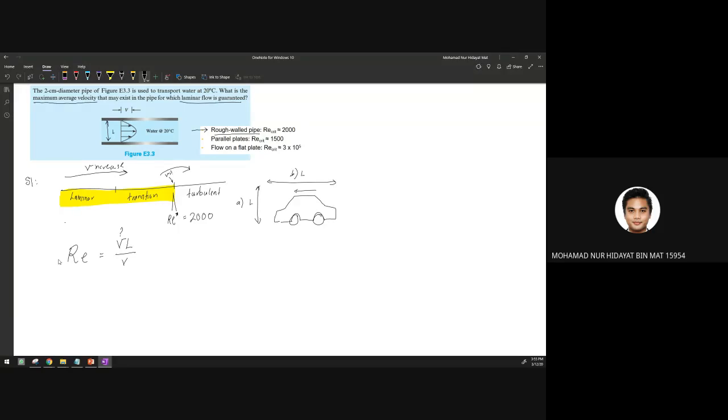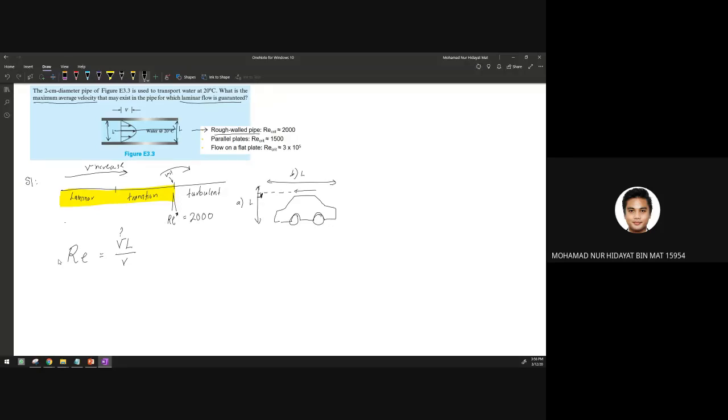So remember that. Yes, you are correct. The characteristic length is the length perpendicular to the flow. So this is the flow, and this is 90 degrees. We call this the characteristic length. Same goes here. The flow is like this, so the perpendicular is this.